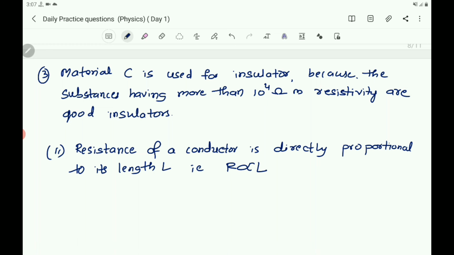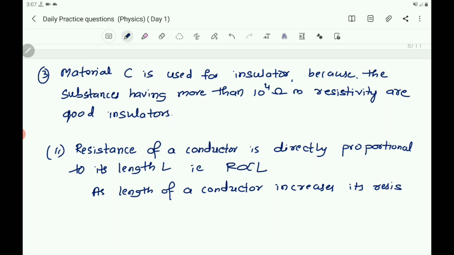That means as the length of a conductor increases, its resistance also increases.